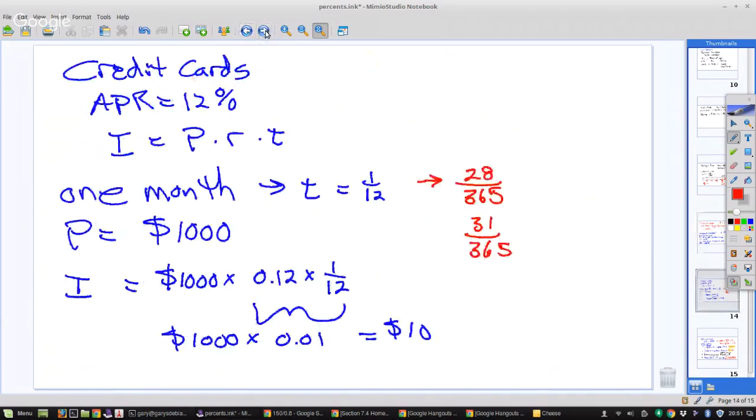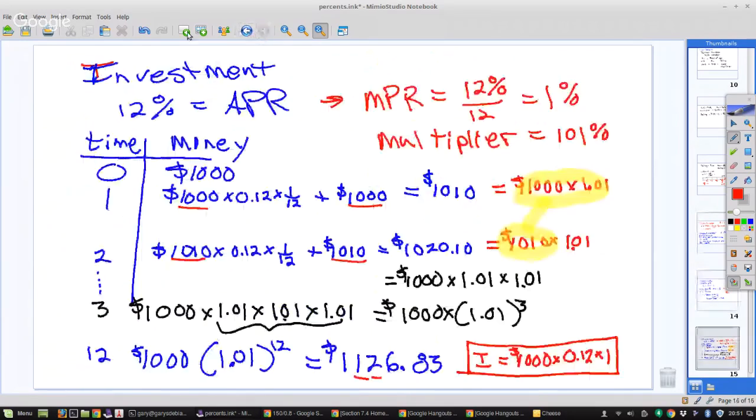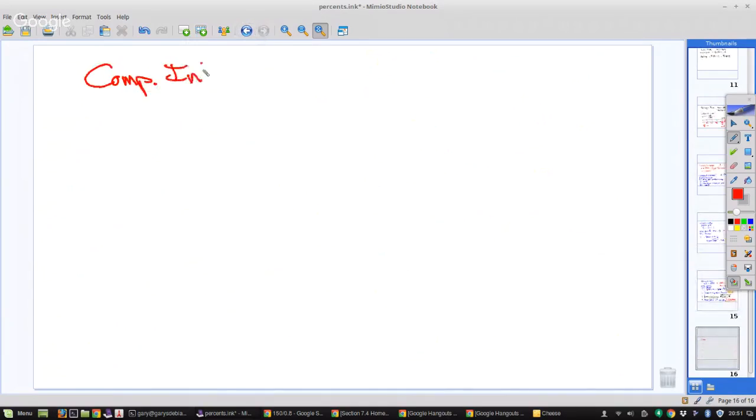So compound interest gives me a future amount based on some present amount, an annual percentage rate, the number of times I collect interest each year, and the power is n times t. So for the problem I looked at, I had $1,000 for my principal.